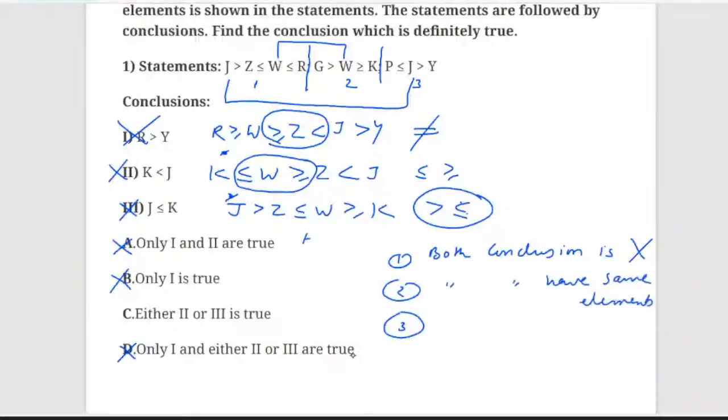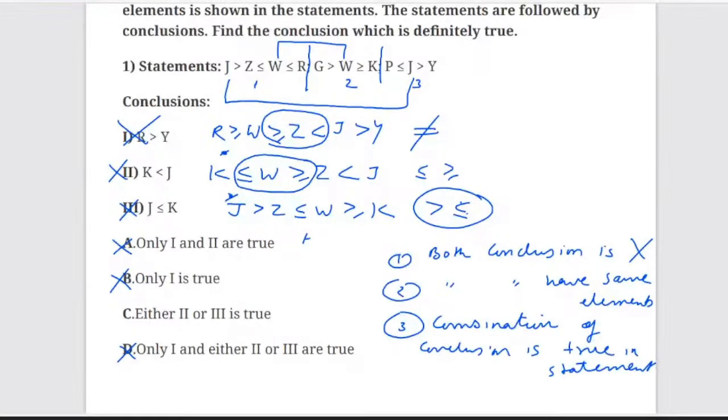Now, both conclusions are having same element. And combination of conclusions is true in statement.